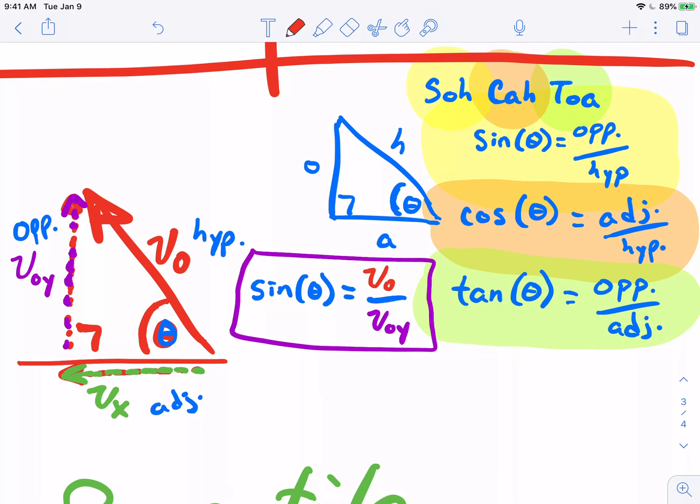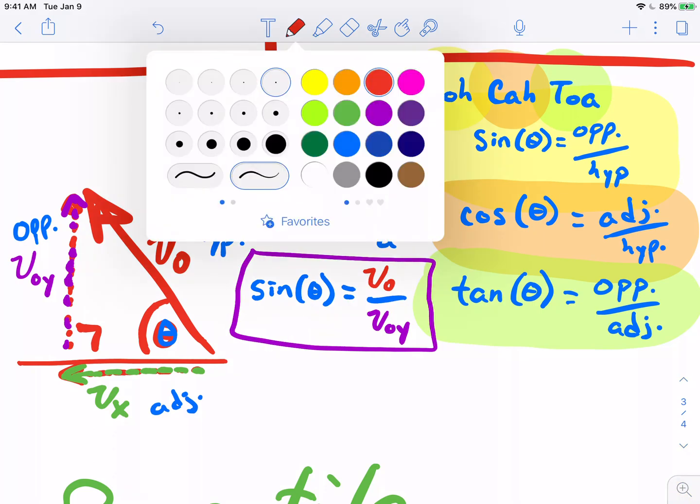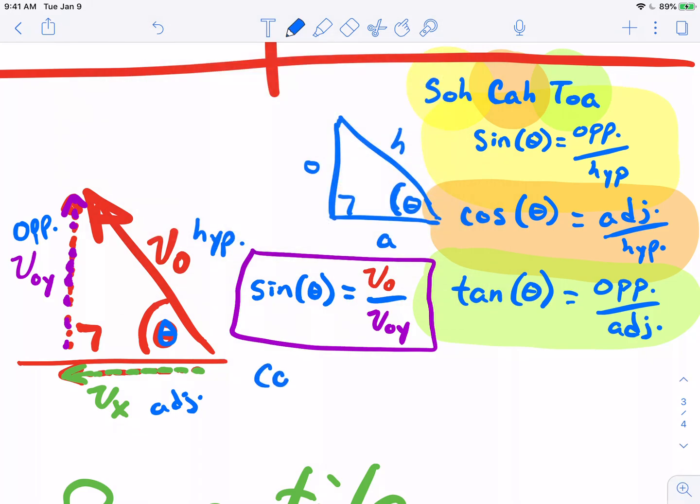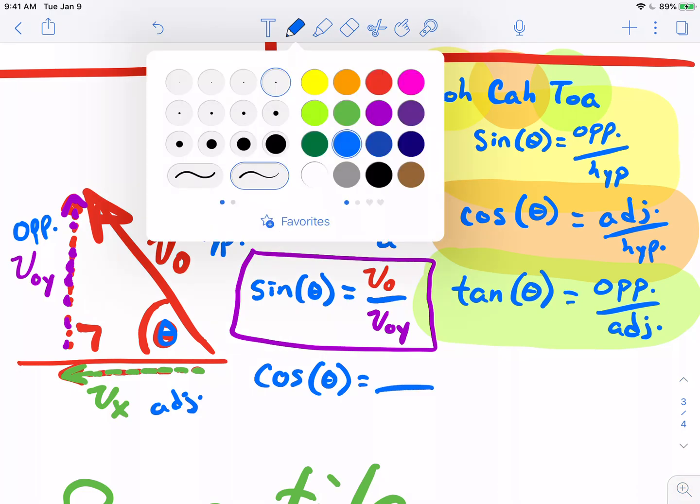What about V x? Okay, so let's get V x. Cosine of theta is going to equal adjacent over hypotenuse.